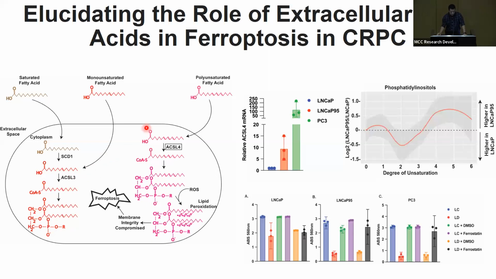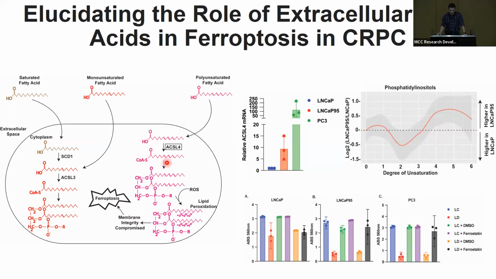Ferroptosis is this form of cell death that's dependent on lipid peroxidation, as I mentioned earlier. Polyunsaturated fatty acids are the fatty acids that are more susceptible to lipid peroxidation, so it is necessary to have those fatty acids in the cell for ferroptosis to occur. It has been observed that saturated and monounsaturated fatty acids can be protective against ferroptosis, but polyunsaturated fatty acids can induce ferroptosis in the system.